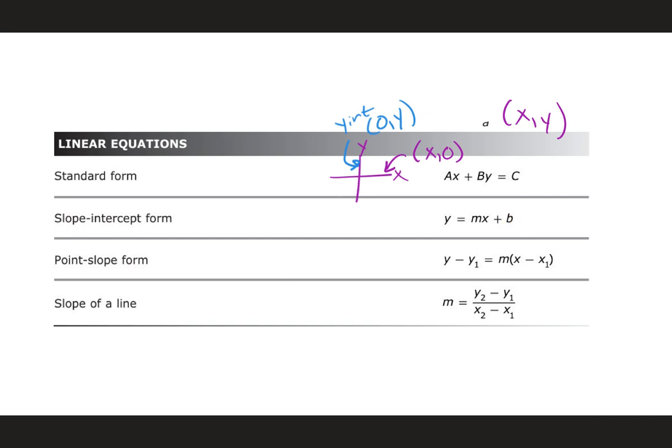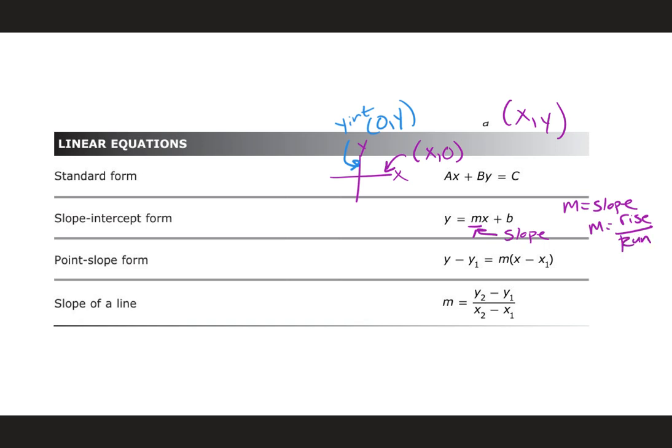Slope-intercept. Slope-intercept, what did the m mean? M means what on slope-intercept? Slope. Okay, your m is your slope. So I'm going to go m slope. What else do I know? What is slope? Slope is what over what? Rise over run, right? Write this information down.